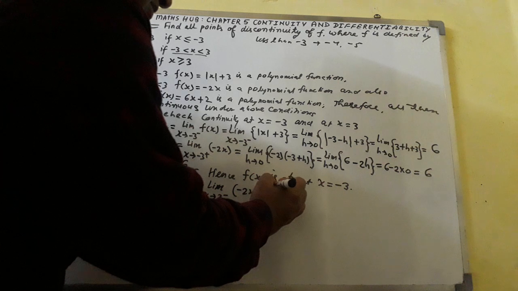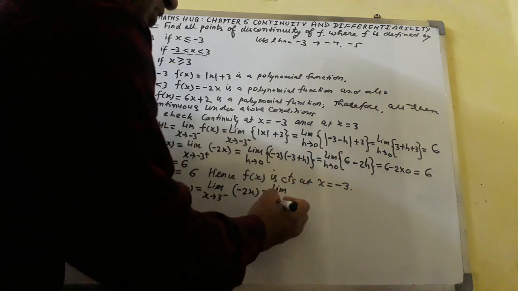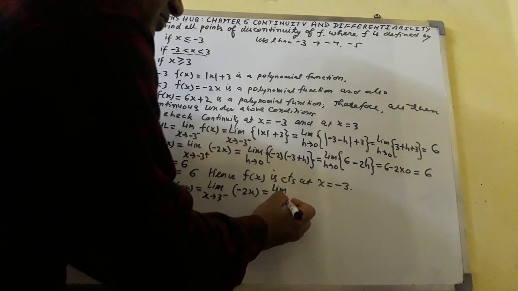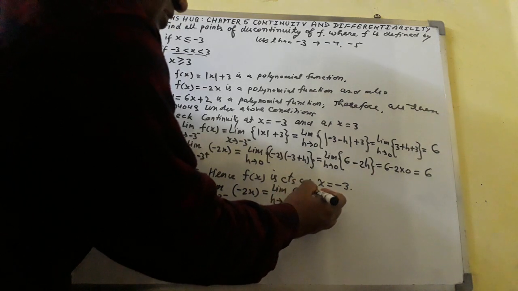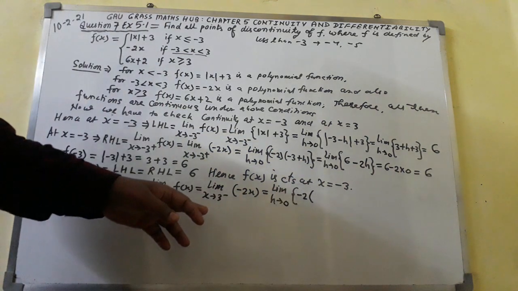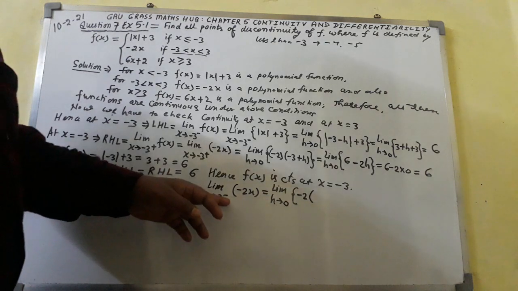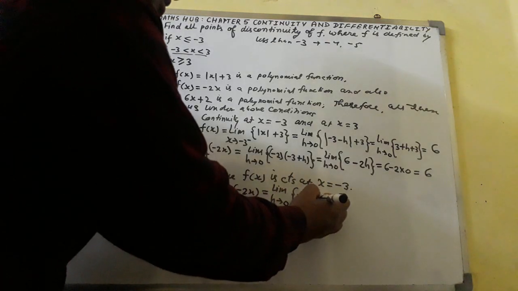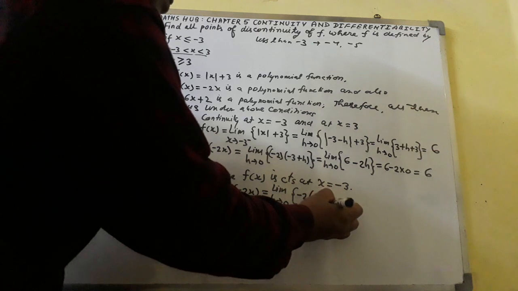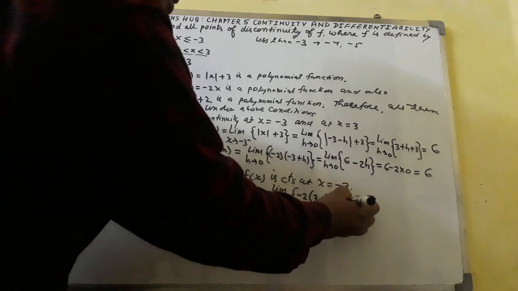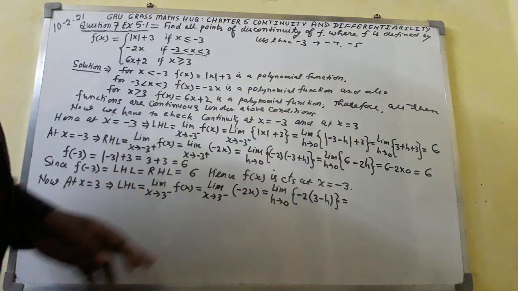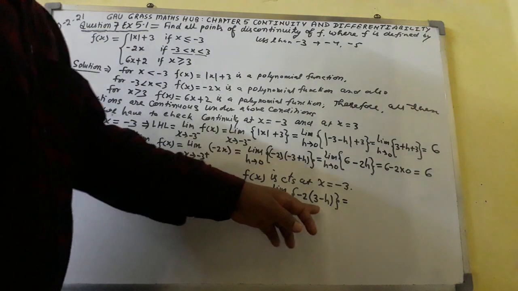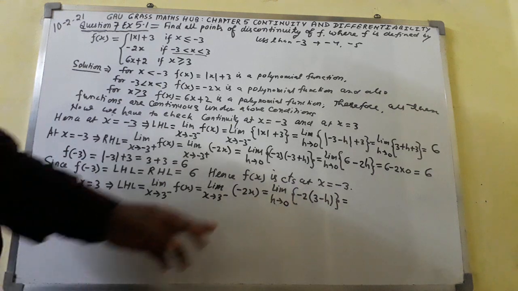here I shall write lim h tends 0, then open curly bracket, minus 2 will be written, and in place of x I shall write 3 minus h. So here I write 3 minus h, curly bracket close. 3 minus h, in place of x I have written, minus 2 is there.